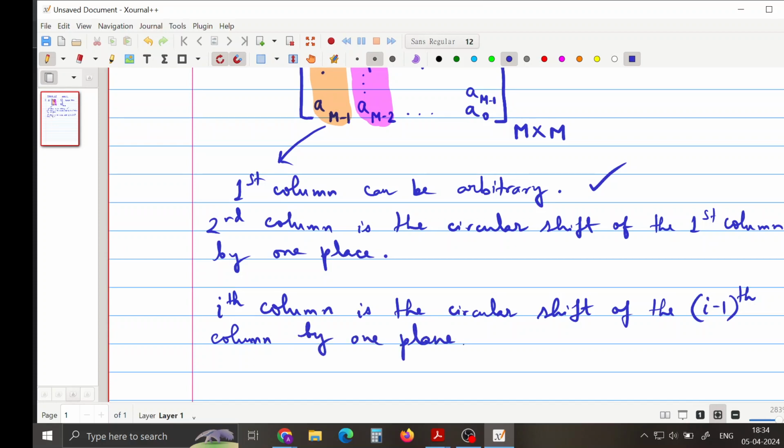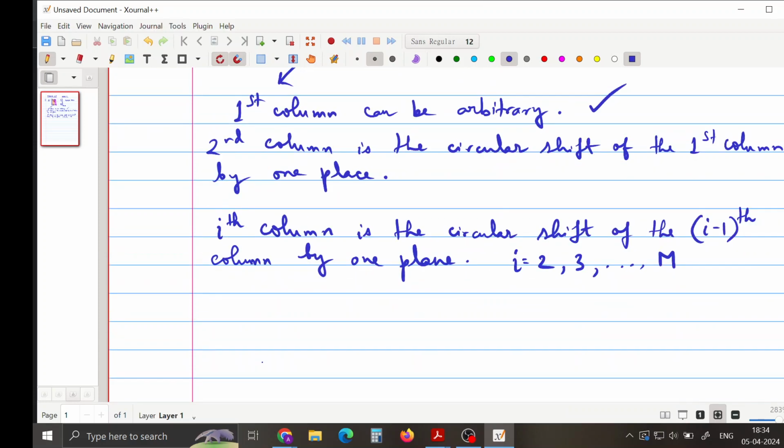Here this index I starts from 2, because the shift starts from the second column onwards, so 2, 3, so on till the last column, which is the mth column.